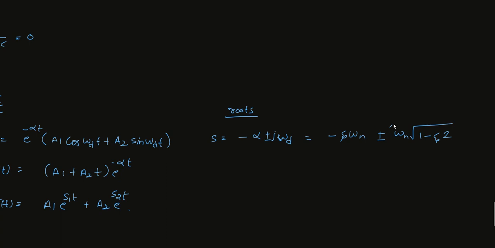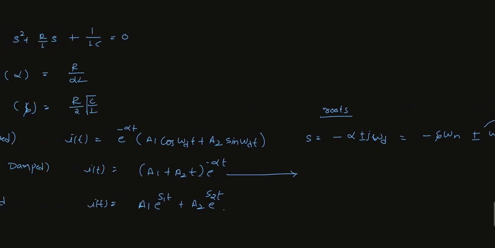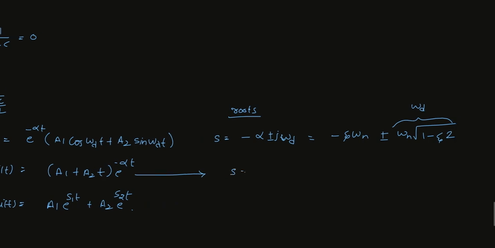Here you can see this omega n into root over 1 minus zeta square is our omega d. And for the critically damped system, zeta is equal to 1, so s is simply minus alpha, that will be equal to minus omega n only.